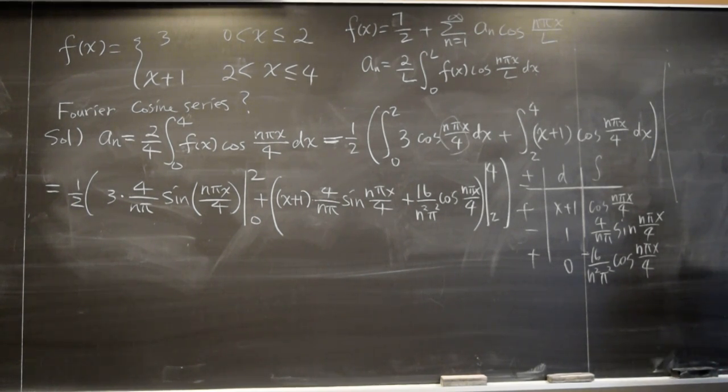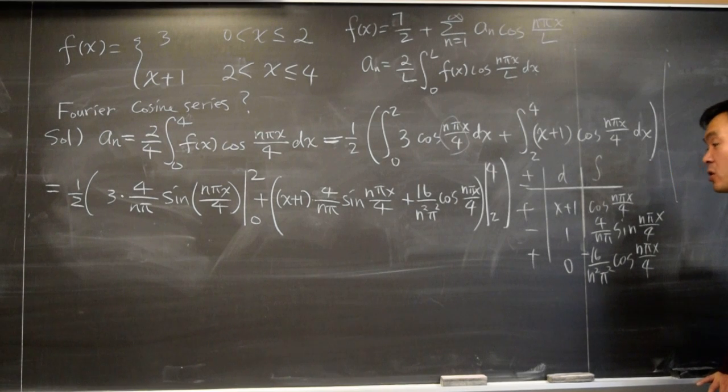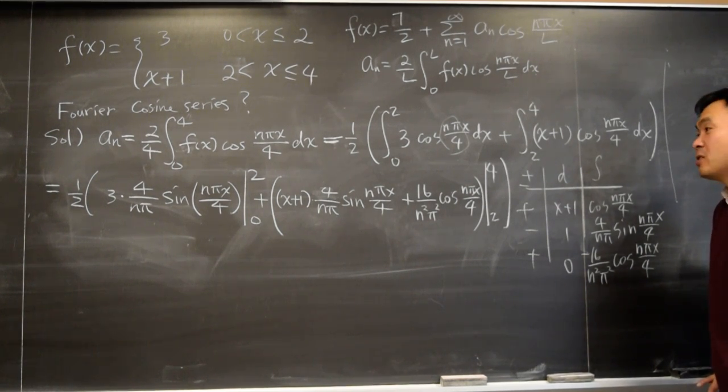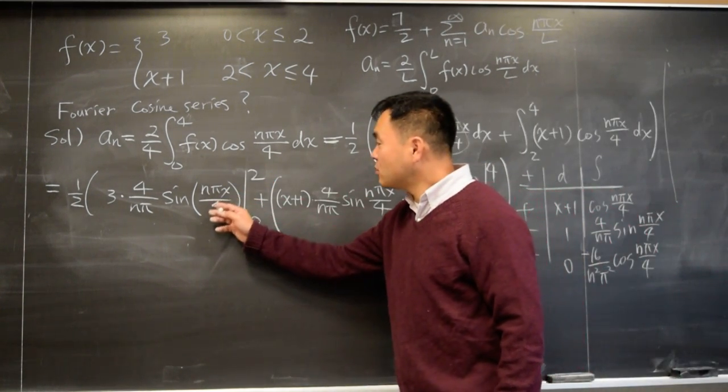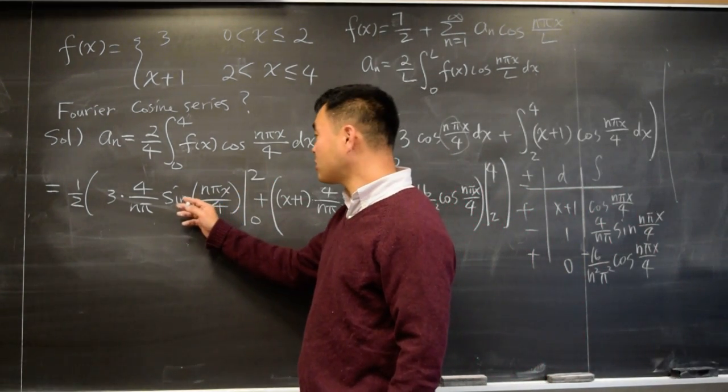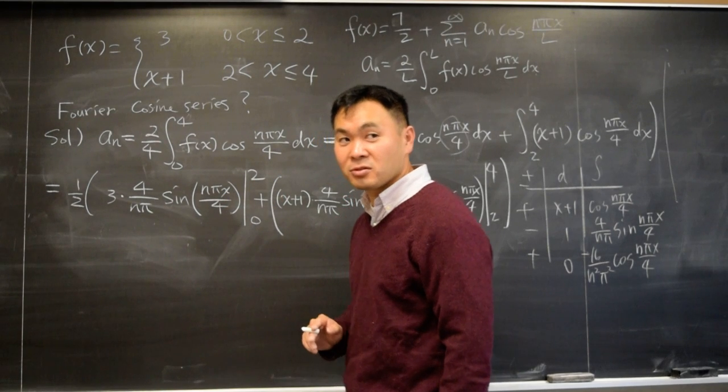Now we have to plug in, and this is where it gets complicated. Before, we were simply using the fact that sine n pi is 0 and cosine n pi is negative 1 to the nth power, and life was easy. Here it's not, because if you plug in 2, you get 2 over 4, which is 1/2, so you get sine of n pi over 2.